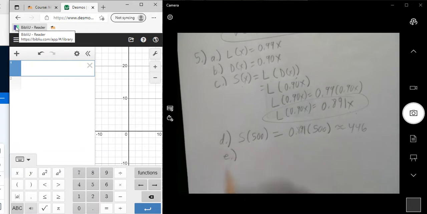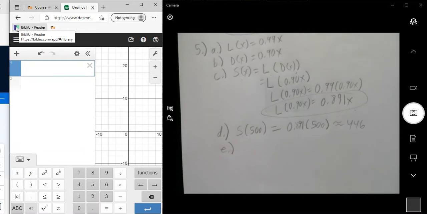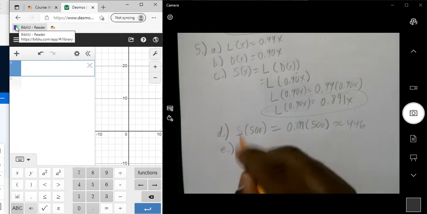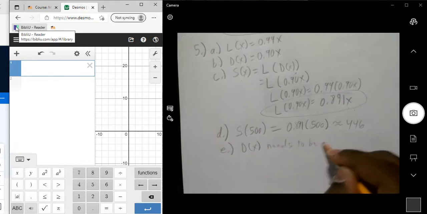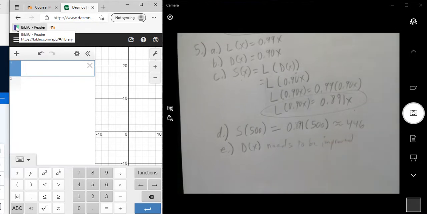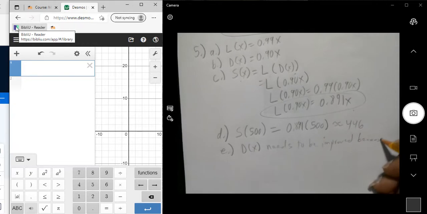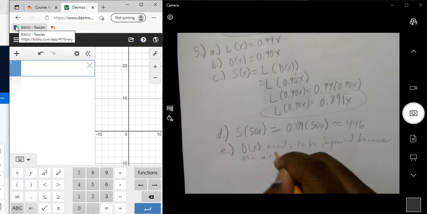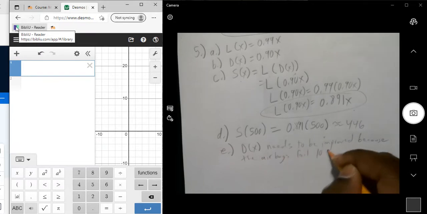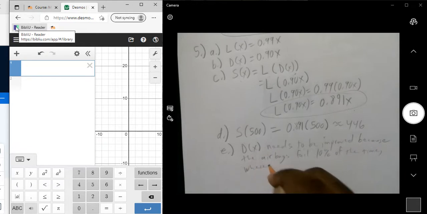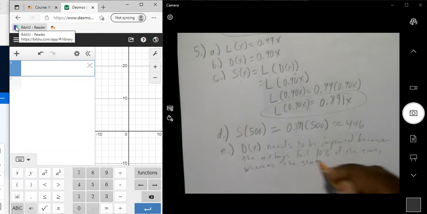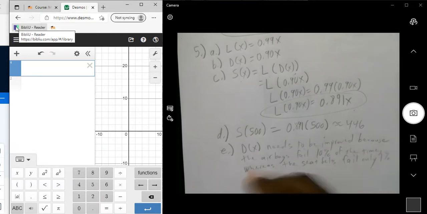All right, now we go here to E. It says examine L of X and D of X and decide which of the safety features should be improved immediately to increase the number of survivors S of X. So basically, if you look at D of X, it needs to be improved because the airbags fail 10% of the time, whereas the seat belts fail only 1% of the time.